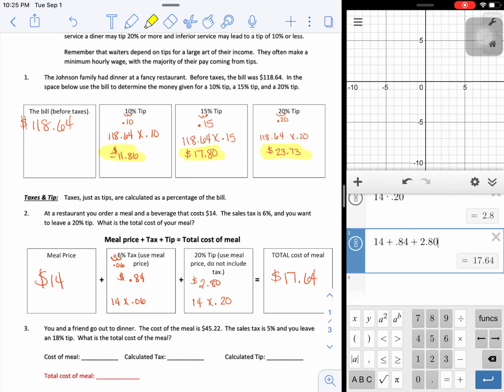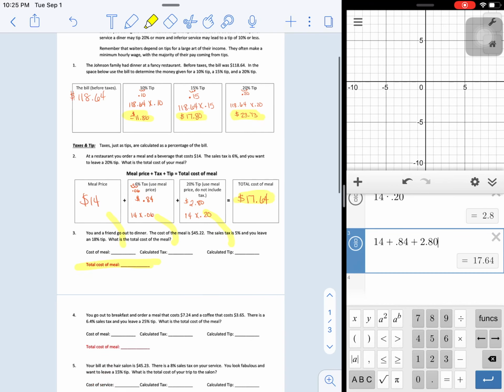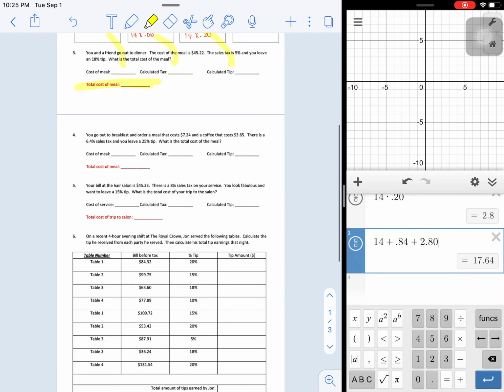Okay, so you are going to do the same thing in 3, 4, and 5. I didn't put boxes, I put lines. So the meal price, or the cost of the meal, the tax and the tip are going to go down there, and then your total will go on the red line below. All right. When you get down to number 6, I'm just asking you to do tip.